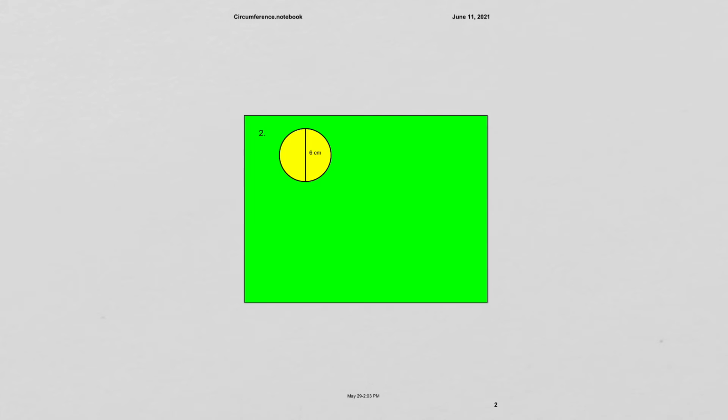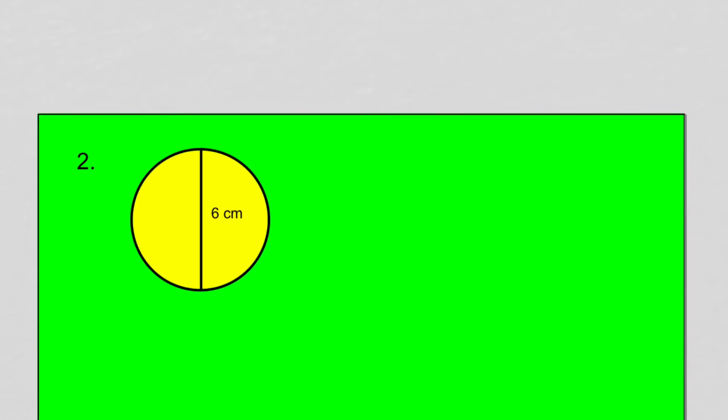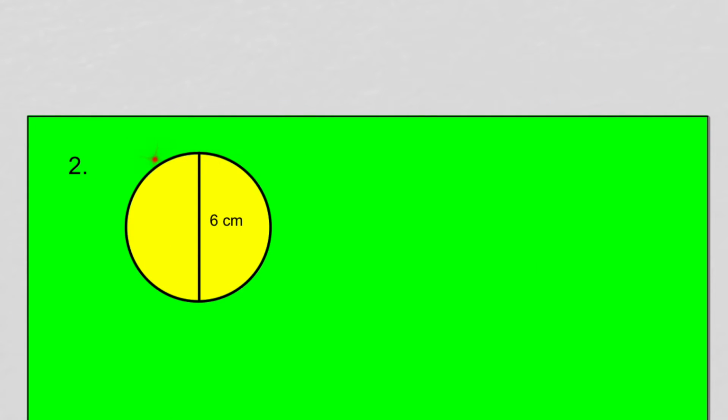Let's do a couple more. Now in number 2, we're given a circle. We want to know the circumference. We're given the diameter of the circle. The diameter is 6 centimeters. So we use our math equation to calculate circumference. C equals pi times diameter.